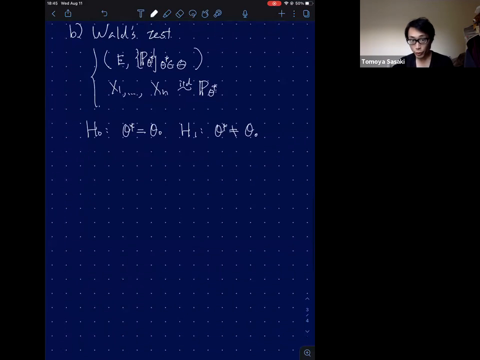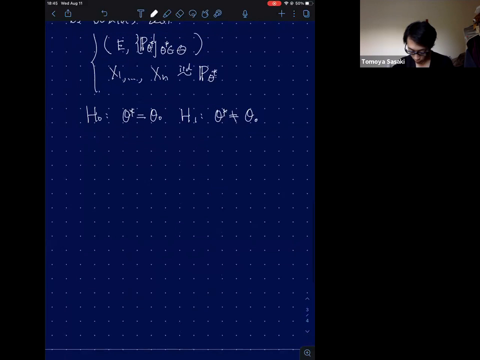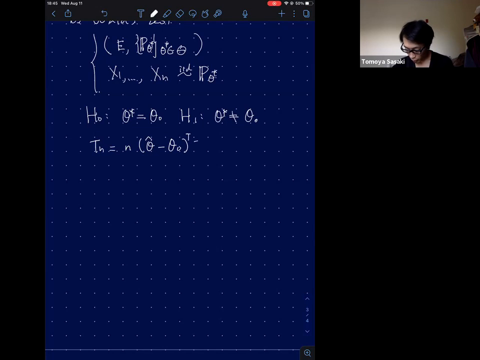And we know that the test statistic can be written as n times (theta hat minus theta naught) transpose, information matrix at theta naught to the power 1/2, and theta hat minus theta naught.